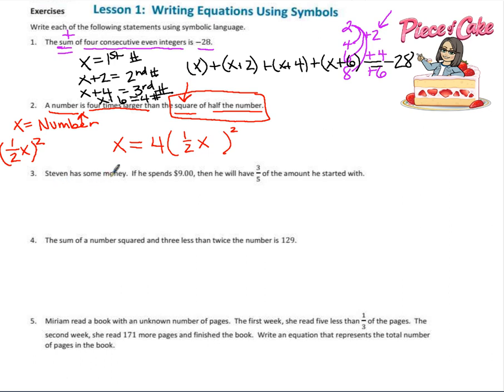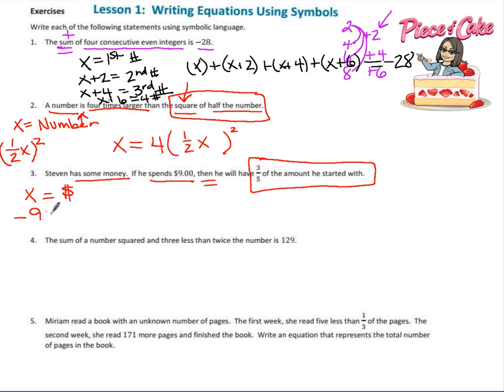Stephen has some money. He spends $9. He will have 3/5 of the amount he started with. Okay? Then means equal. Ready? Do we know how much money he has? Nope. How do we write spends 9?